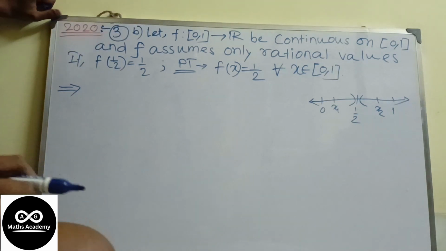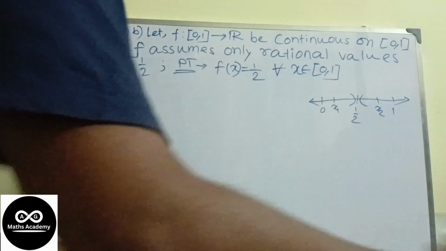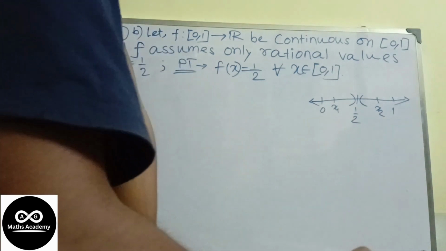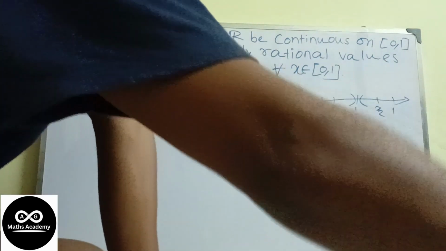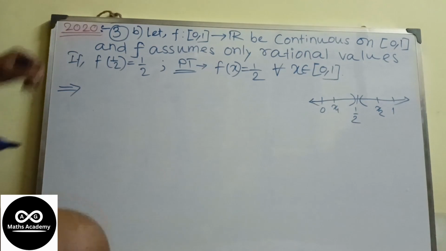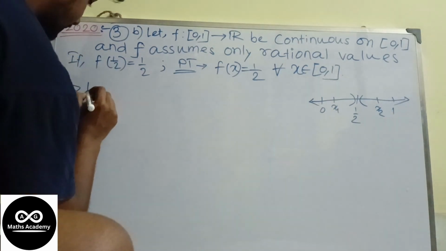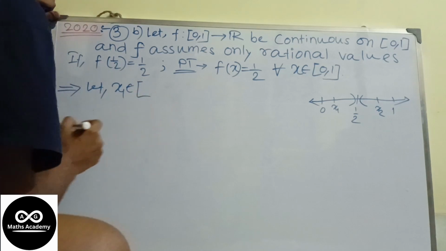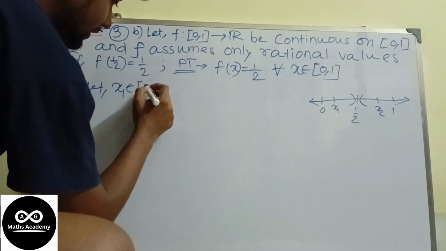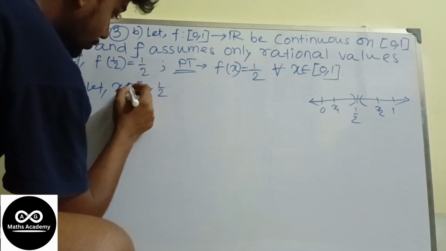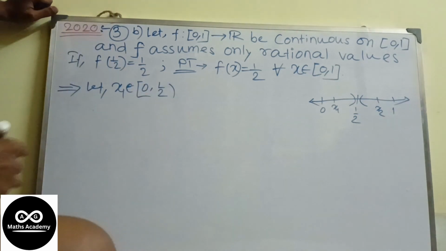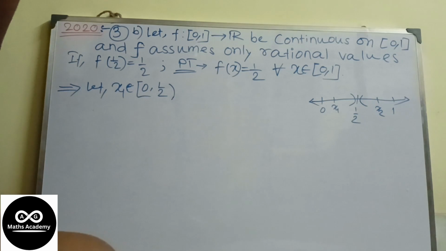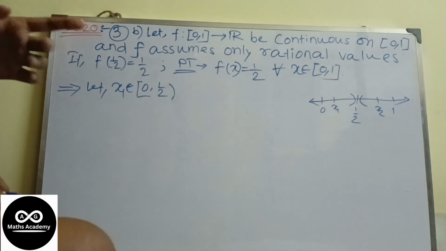So now we're going to set, okay, so now let x1 belong to closed 0 to half. Closed 0 to half. So now two cases arise.